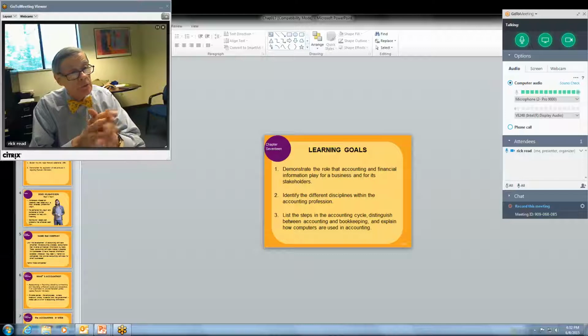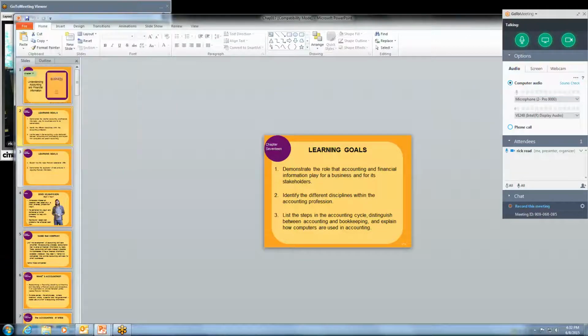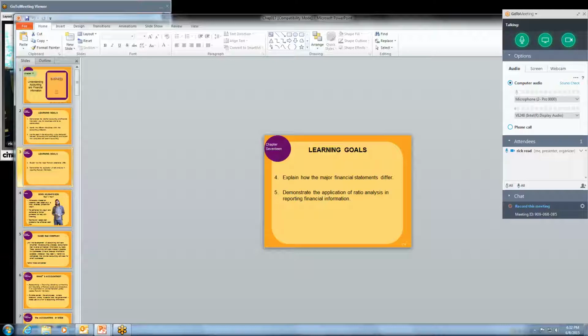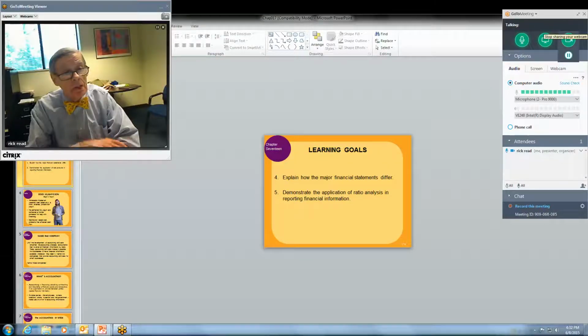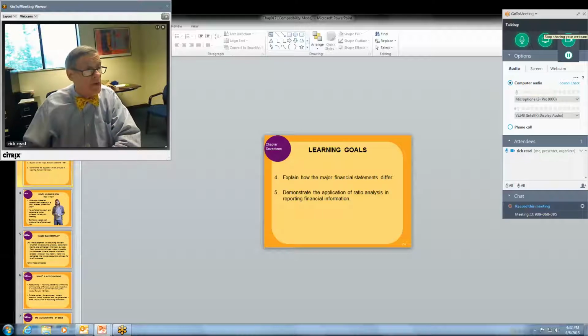Explain how computers are used in accounting. And also the following: explain how the major financial statements differ. And last, demonstrate the application of ratio analysis in reporting financial information.